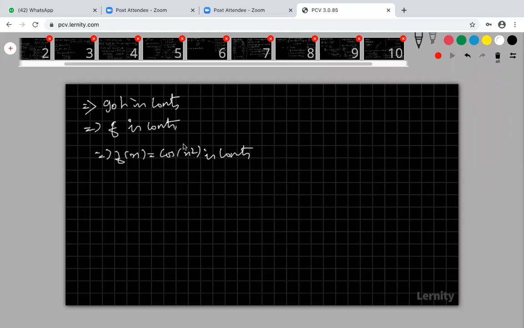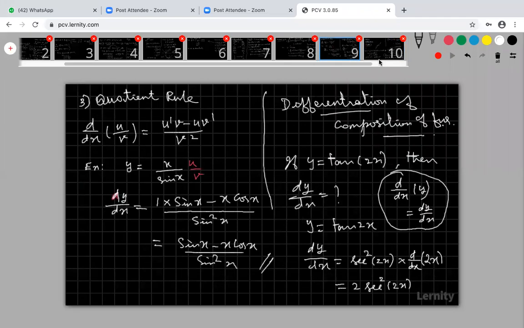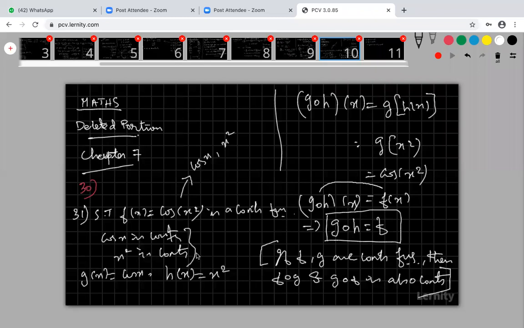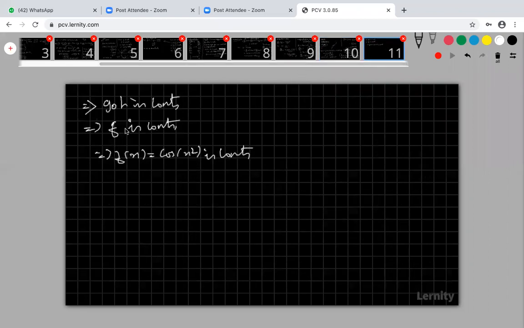To prove this, please look at that: cos of x square is a composition of two functions, cos x and x square. That's why, first of all, I define two functions g and h, take the composition, and prove that g composition h is nothing but f. Once I prove that this composition is continuous, therefore f is continuous. I can easily prove it. That's why I'm finding g composition h.